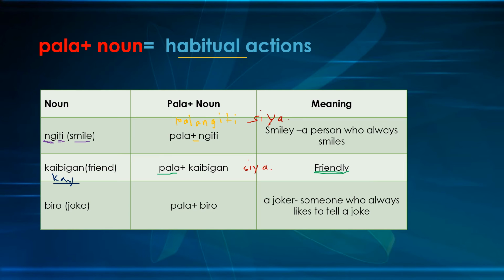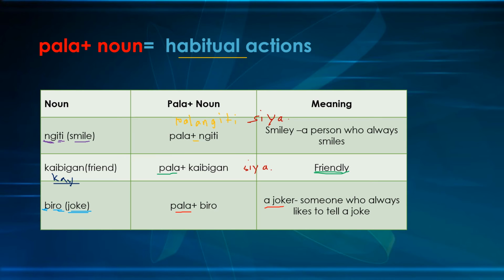Next is joke, a noun. It is biro in Filipino. We add pala at the beginning and we will have the word palabiro. It means a joker or someone who always likes to tell a joke.